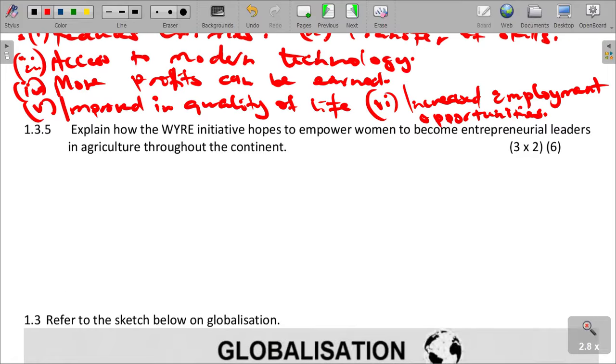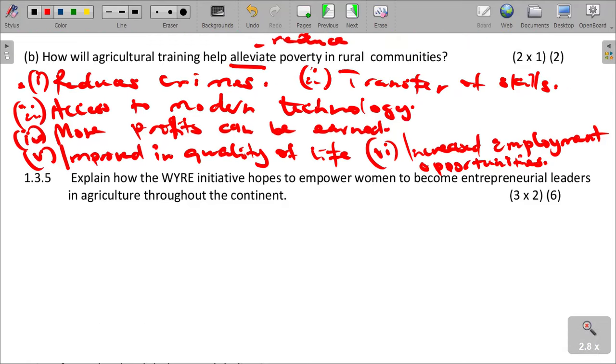Next question is saying, explain how the initiatives help to empower women to become entrepreneurial leaders in agriculture throughout the continent. We are given points which have to do with the empowerment of women, and I want us to understand that we have got to talk about issues to do with networking, which are mentioned here.